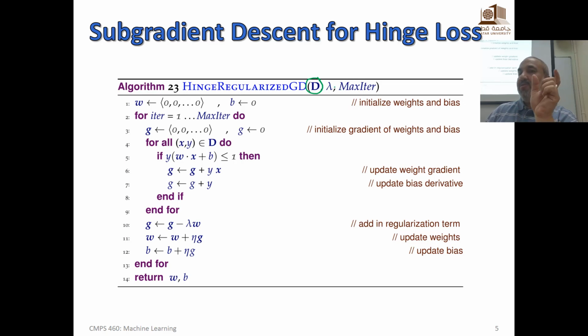Lambda was the factor that was multiplied by the regularizer term. Remember that the loss function had two parts: the loss part plus lambda times the regularization part.